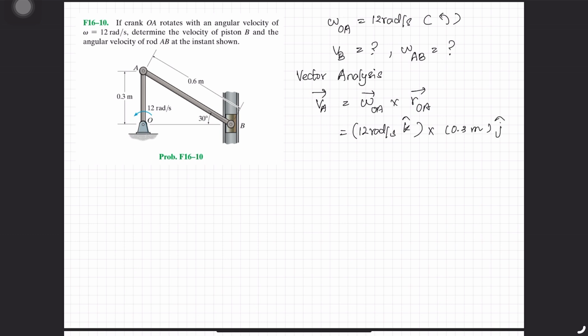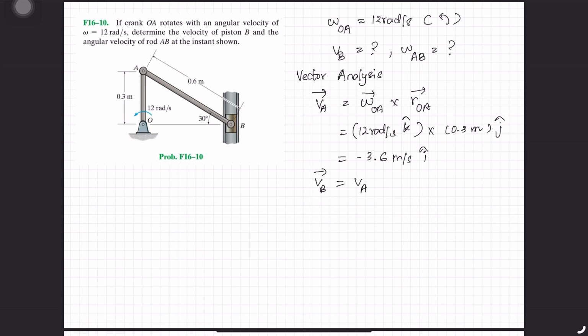That is why the values are positive. The multiplication of k cap and j cap is minus i cap, and altogether this will be minus 3.6 meter per second i cap. So that's the VA value, and from the VA value we can write an equation relating to the VB value.